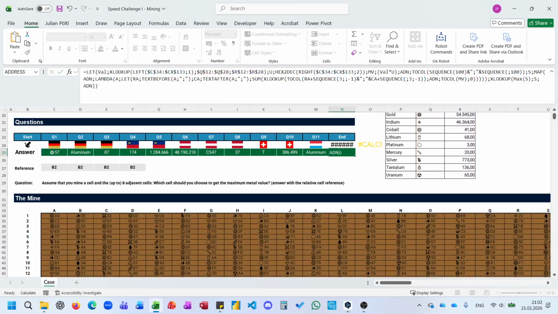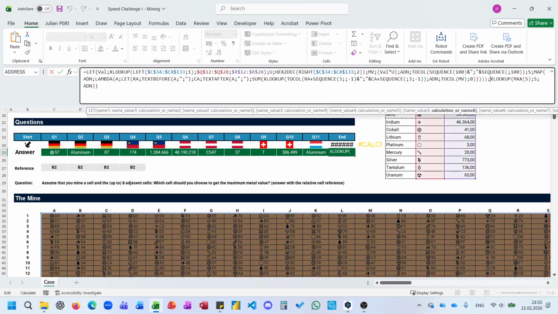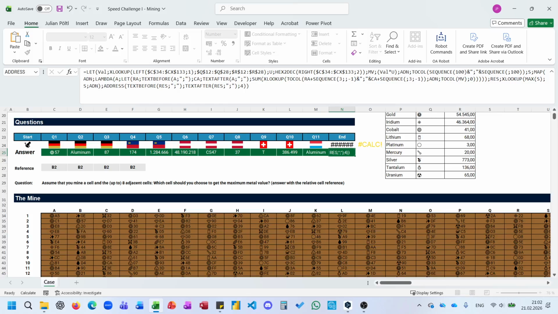This will be wrong, I know. This is only the address in A1 terms. If this is working somehow. RES, and then address TEXTBEFORE RES and TEXTAFTER RES, relative cell value. Hopefully this will calculate.